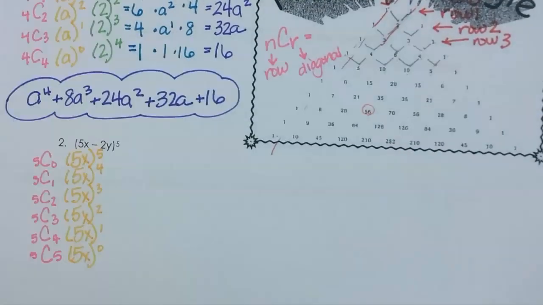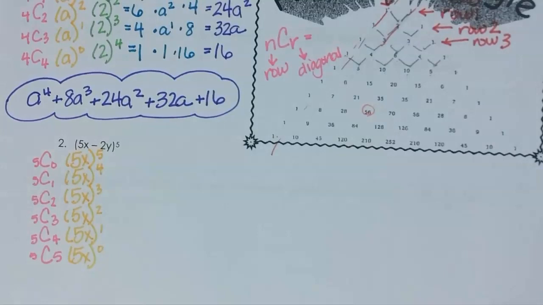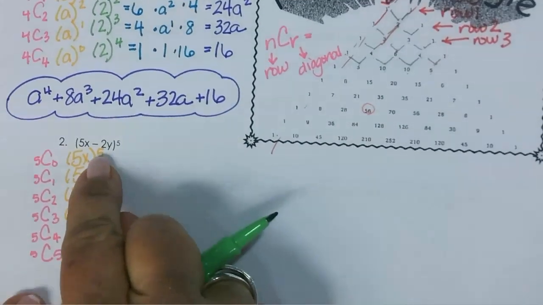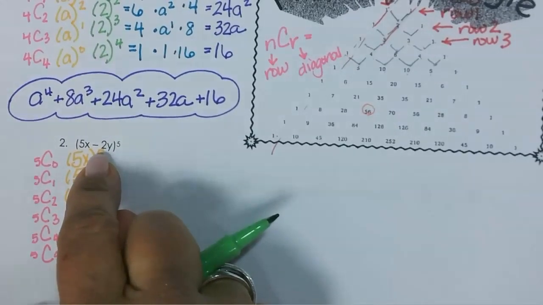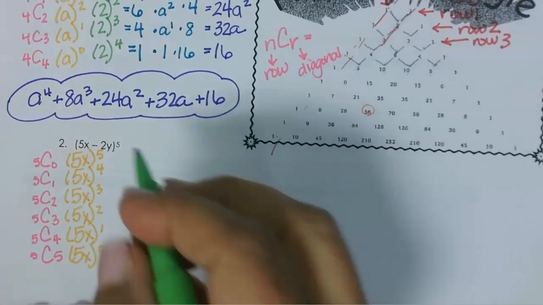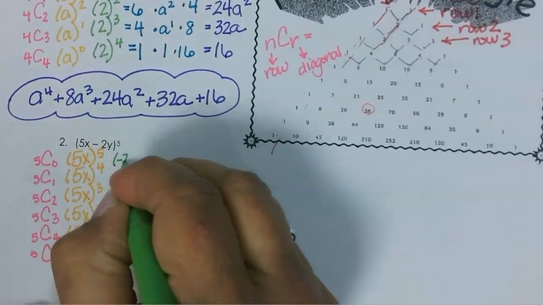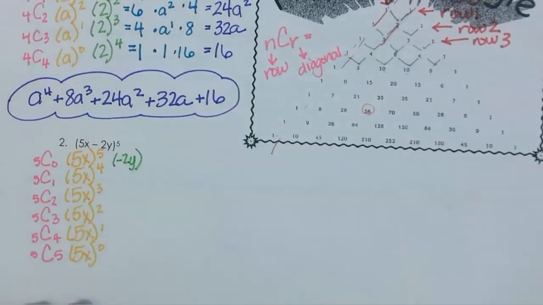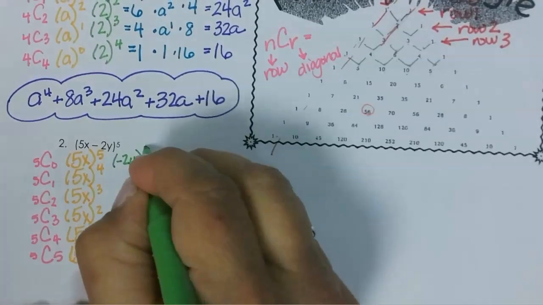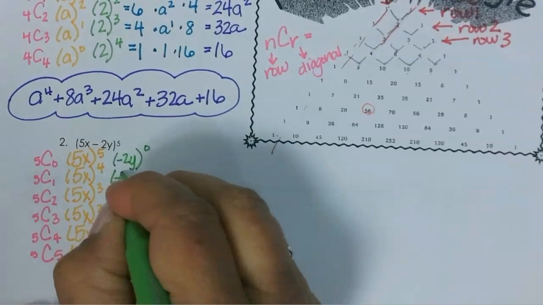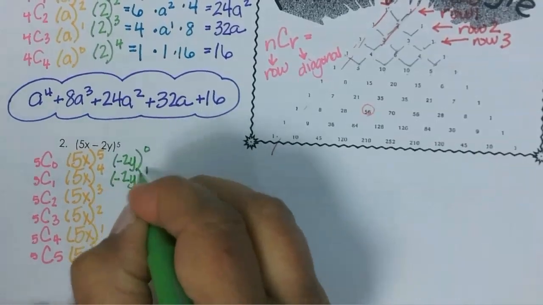Now we do the same thing with the next term, and I want you to think about the next term as negative 2y. When you do that, the signs will just pop up naturally, and you'll see what I mean in a little bit. For the negative 2y, we're going to start by raising it to the 0, and then we increase each time.